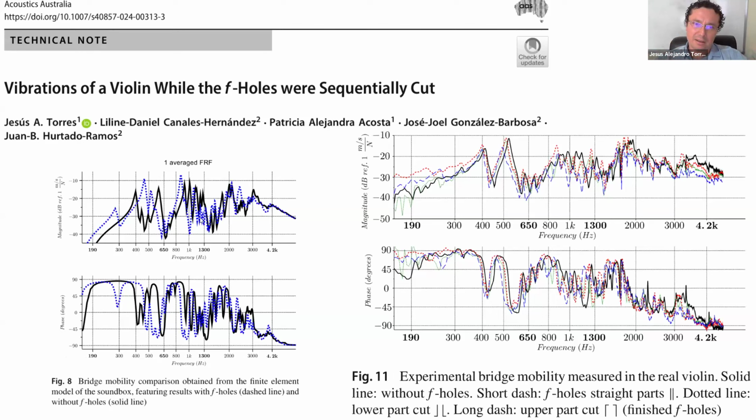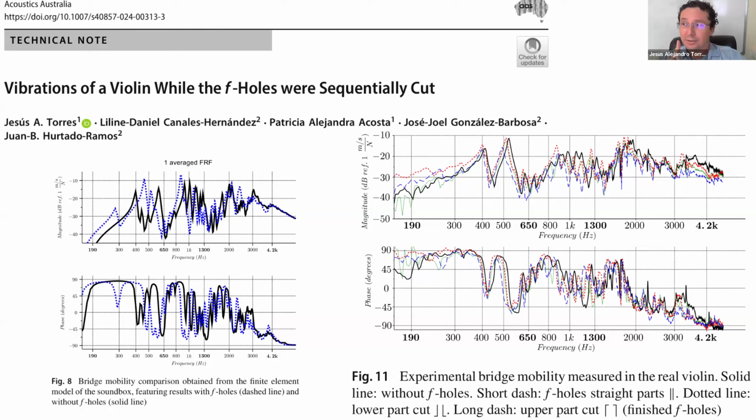The bridge hill, the hump around 2 kilohertz in the bridge mobility of both instruments. A finite element model, presented 3 years ago, revealed that bridge hill appears even without the presence of the F-holes.